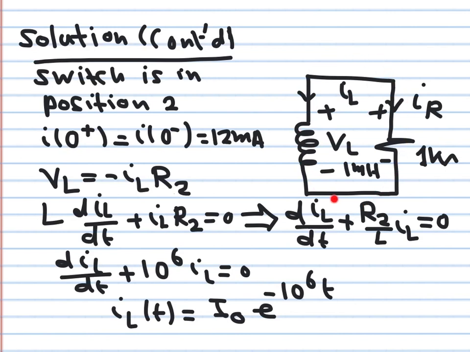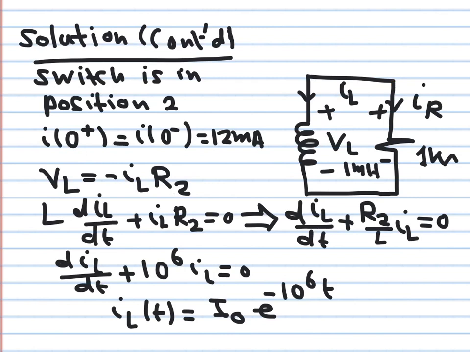So what does it do? It's going to supply this current to the resistor, and it will start to lose its energy gradually and slowly until it's fully discharged through this resistor. Let's write the equation governing this loop. VL is equal to VR. But this VR is equal to IR multiplying R, but IR here is minus IL.